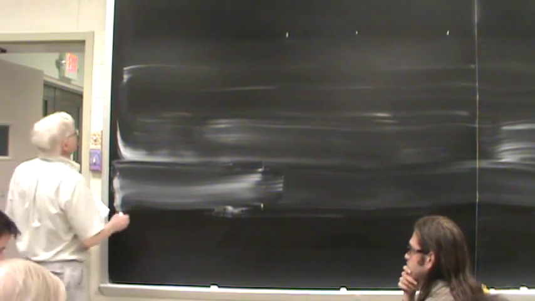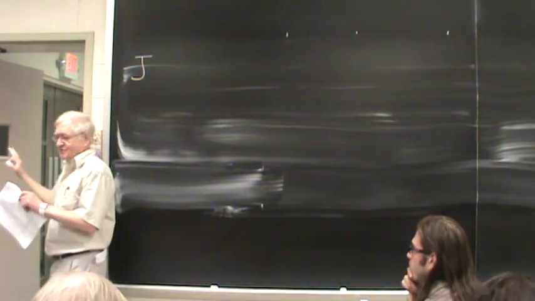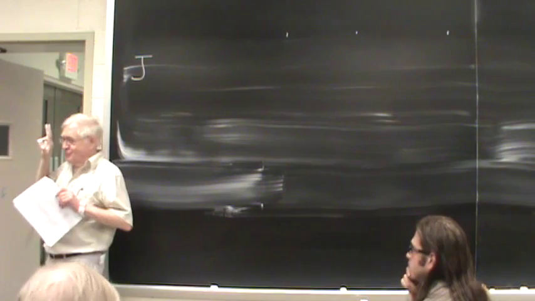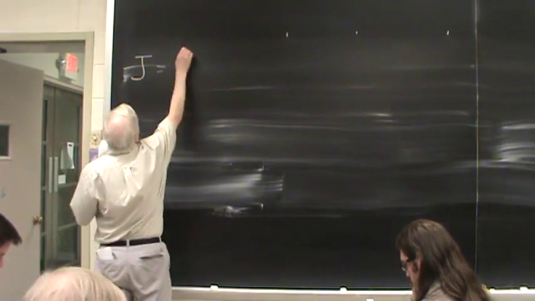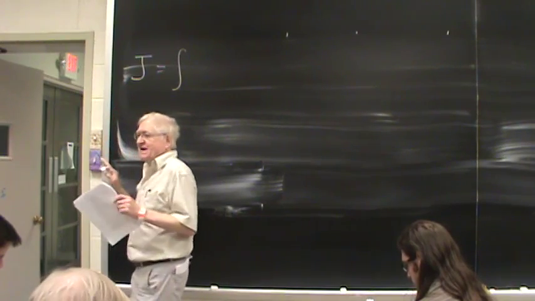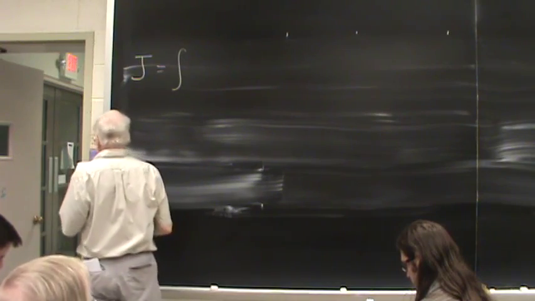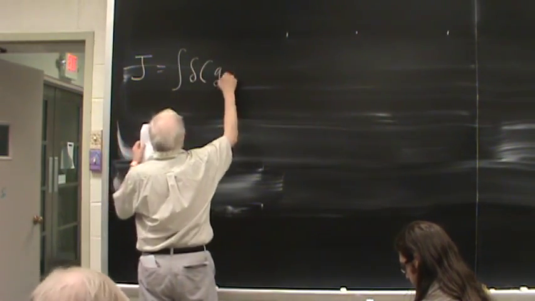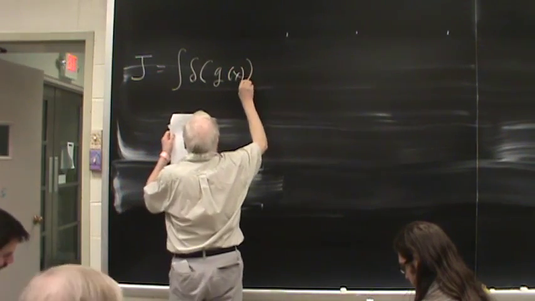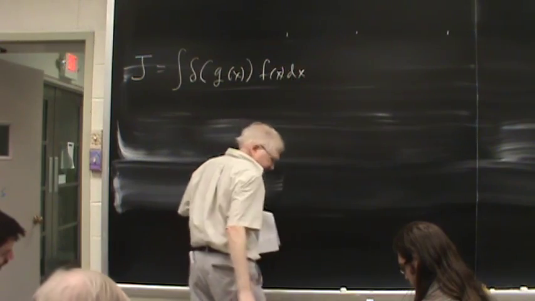All right, so let's consider something. So we have a break here. Okay, break, new concept. So far we've been talking about delta of x minus x prime, delta of k minus k prime. Now I want to say the integral of delta of g of x, f of x dx. So what is this?